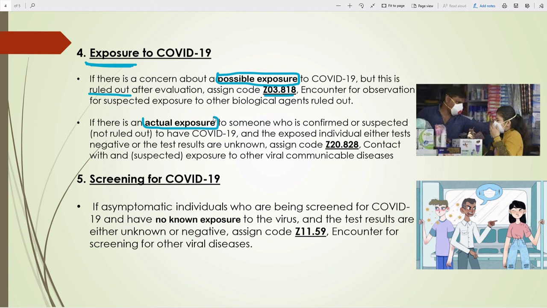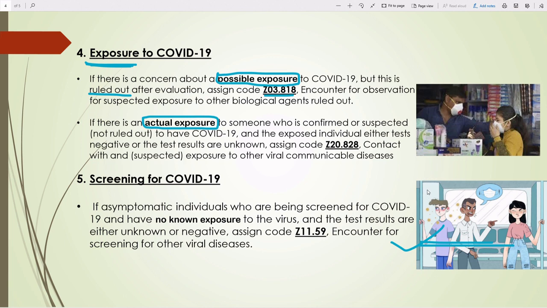Next point, if there is an actual exposure to someone who is confirmed or suspected, not ruled out, to have COVID-19, and the exposed individual either tests negative or the test result is unknown, assign Z20.828.